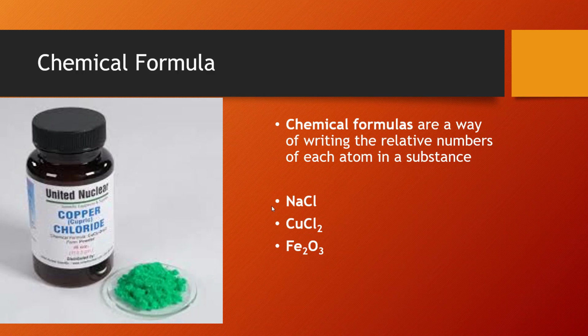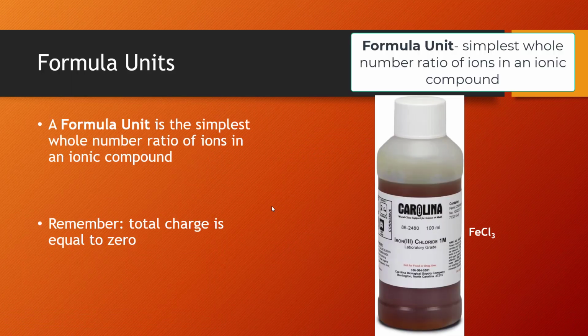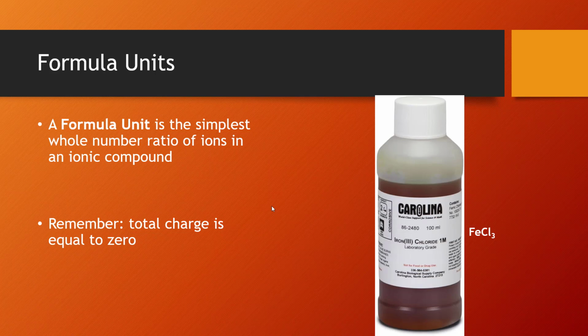And we're going to look at that one. It's a little more complicated, but that's going to be iron and iron oxide, a specific type of iron oxide. And that's a chemical formula. The formula unit is going to be your whole number ratio of ions in an ionic compound. So this iron 3 chloride has 3 chlorides for each iron because the iron cation has a +3. Remember, the total charge is equal to 0.